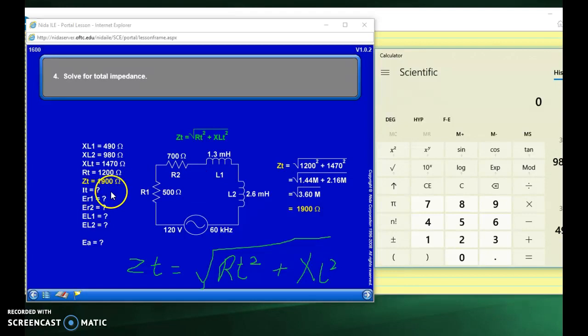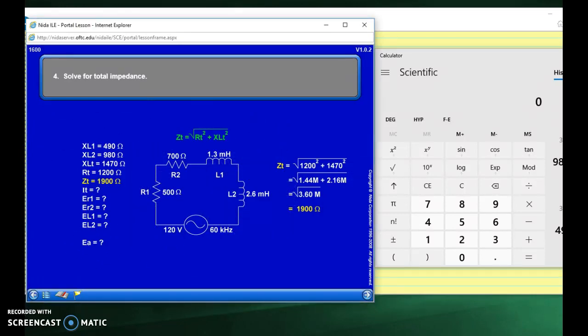All right. So IT, we've got to get that formula. So let's go ahead and clear out our formula here. Remember, IT equals E over ZT. So let's plug that in.